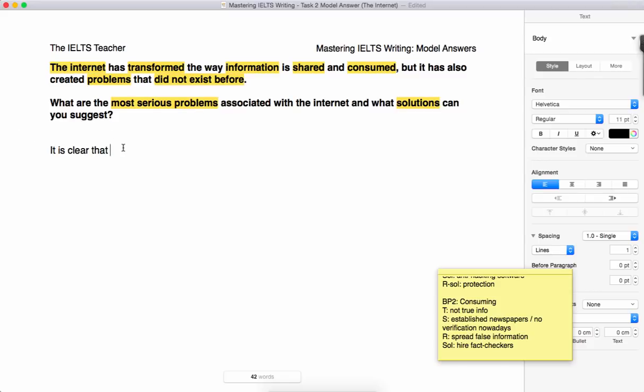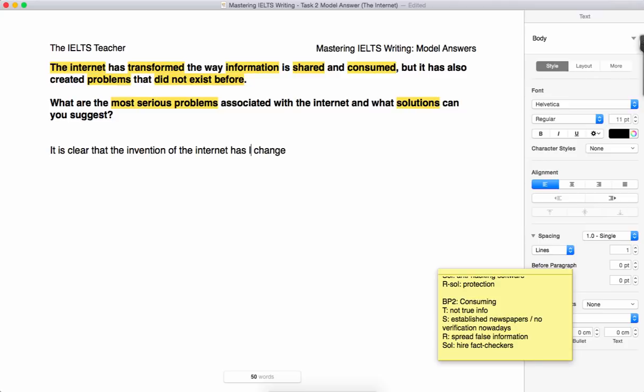So it is clear that the invention of the internet has transformed the way information is shared and consumed. I'm going to change the verb transformed into the verb changed, but I'm not going to leave it there. I'm also going to change the verb changed into the noun change, and I'm going to do that by adding a little bit more here.